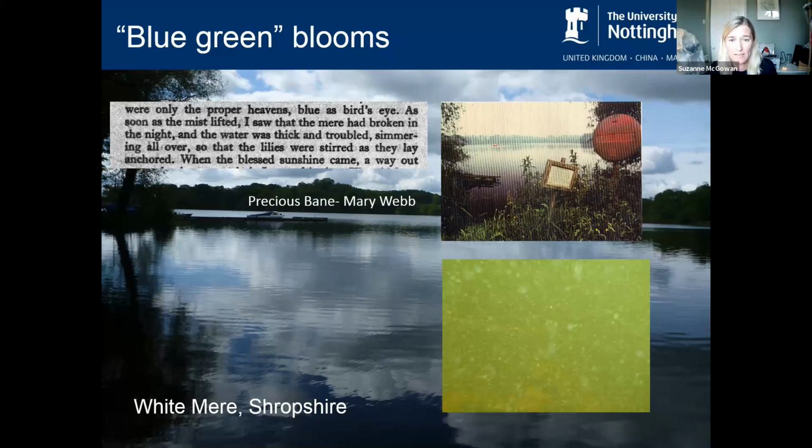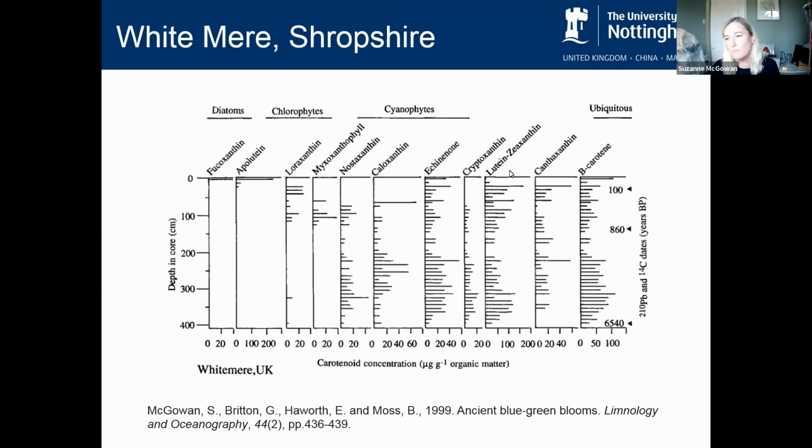And so that formed the basis for my PhD, which was in Liverpool. We went and extracted sediment cores from Whitemere, and we got a 6,500 year record. Essentially, the vast majority of the pigments that we were detecting were from blue-green algae.